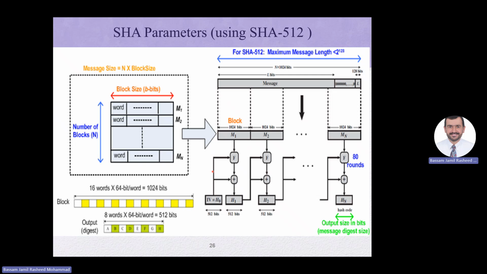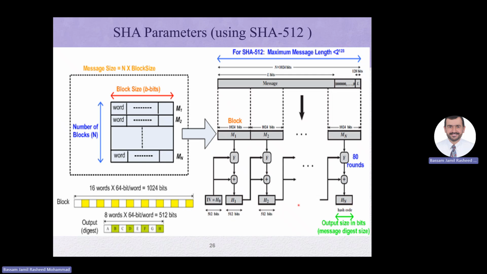The H from this previous stage will go to the hash function and will be used in the addition here, for the output of this hash function. And then this produces the H for the next stage. You can see that those H's have the size of the output of the algorithm, which is 512.